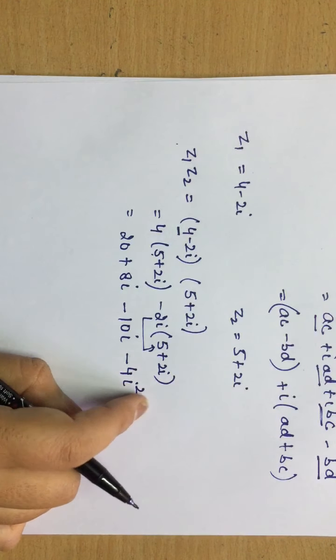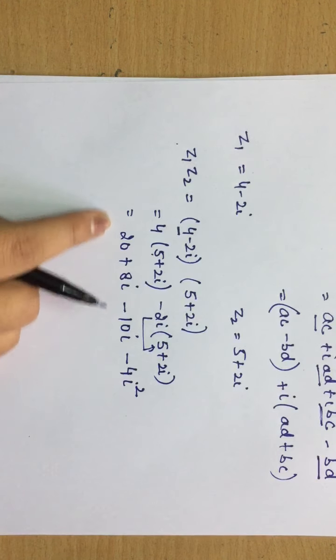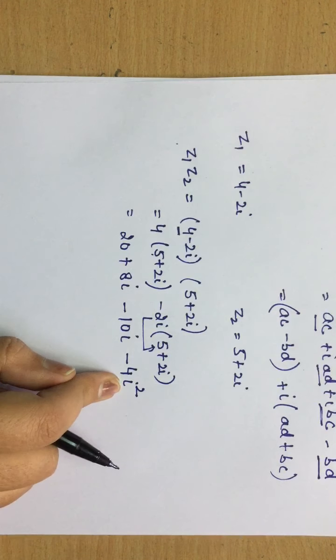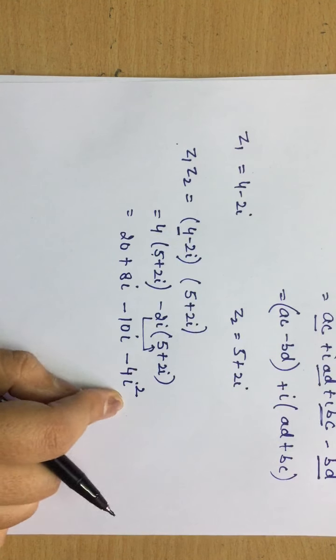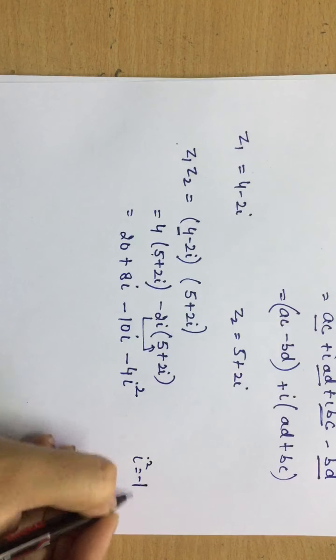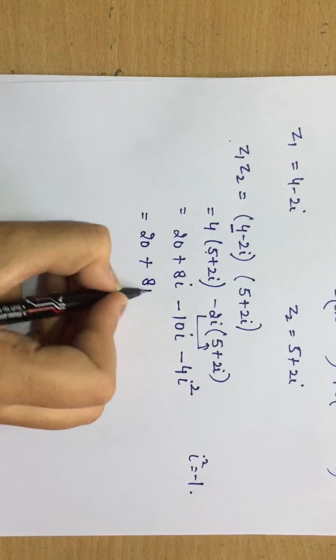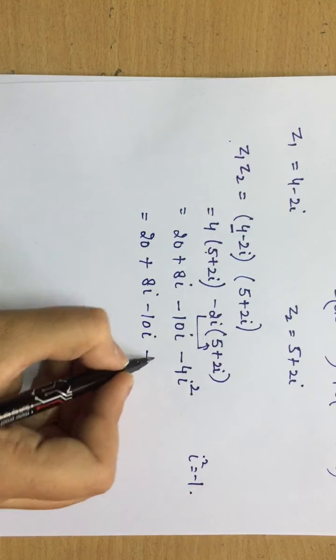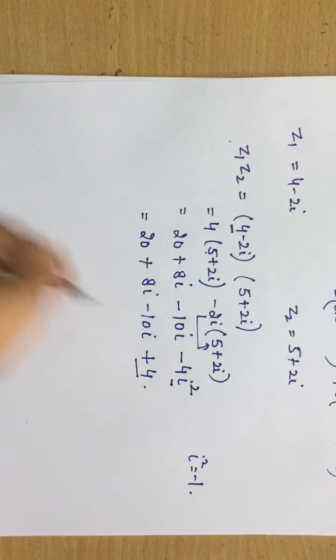We can take only real values or the values which contain iota. Iota square, iota cube, iota 4 should be simplified. So iota square, as we know, is minus 1, so I will put the value of iota square here: 8 iota minus 10 iota plus 4. Iota square is minus 1, minus minus will be plus 4.